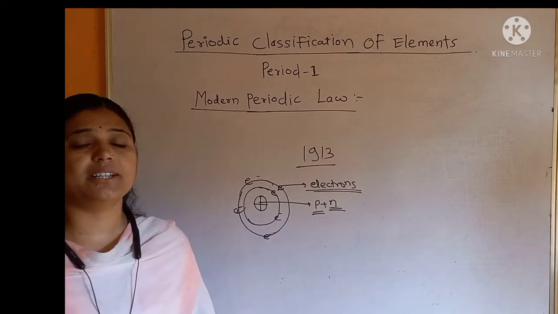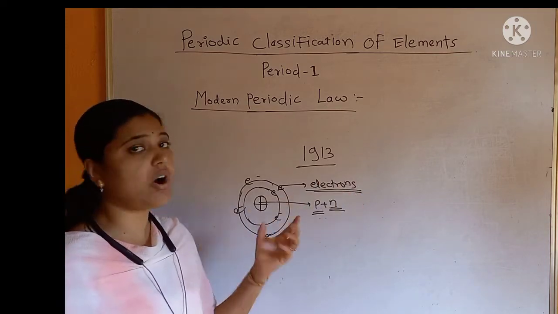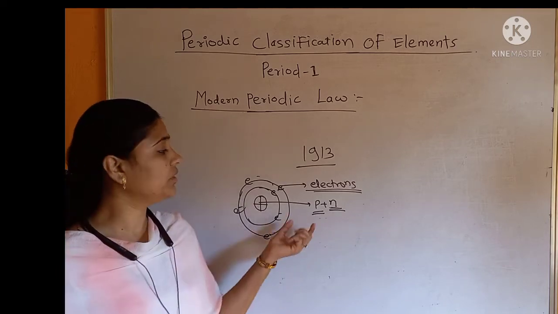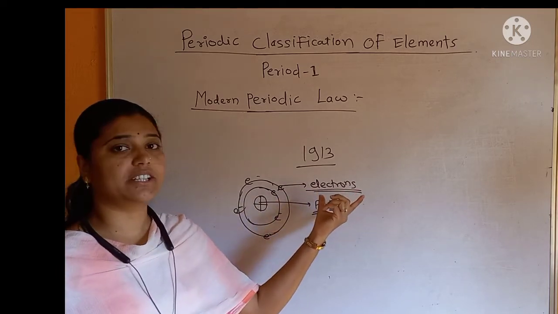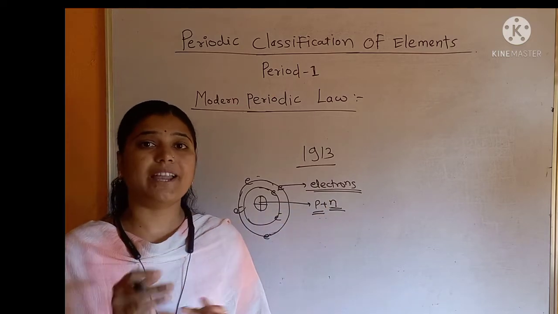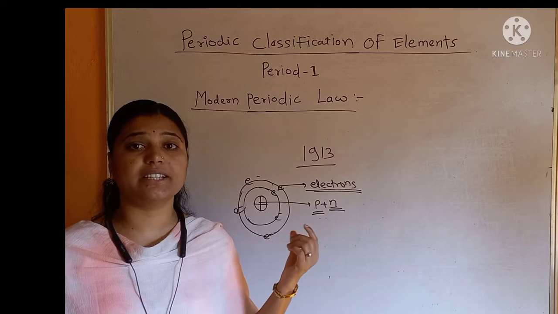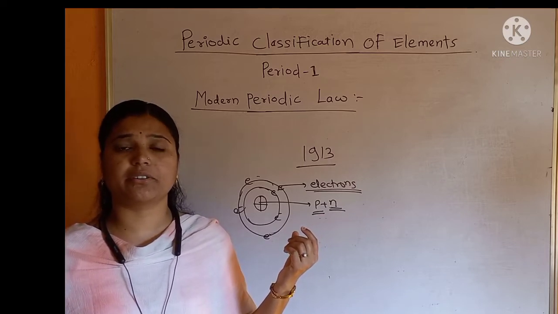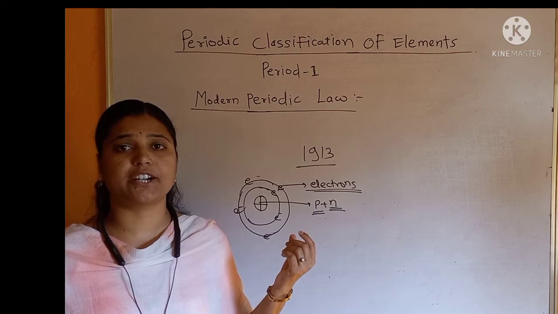So atomic number means the number of electrons or the number of protons. Both are the same, because electrons are negatively charged and protons are positively charged, and they balance each other, hence their numbers are the same. So we can take either number, the number of electrons or the number of protons, as the atomic number.